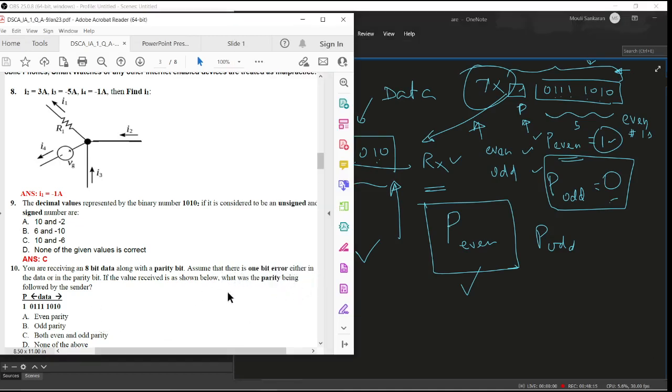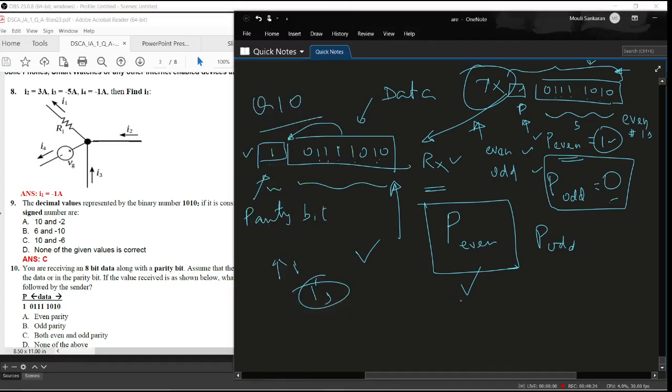Assume that there is a 1-bit error either in the data or the parity bit. If the value received is shown below, what was the parity being followed by the sender? Now imagine, I'm saying it's a 1-bit error only, and this is the value that I am getting, then what was the parity followed by the sender?